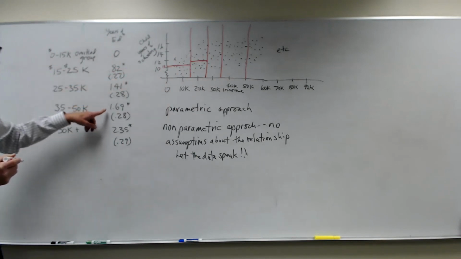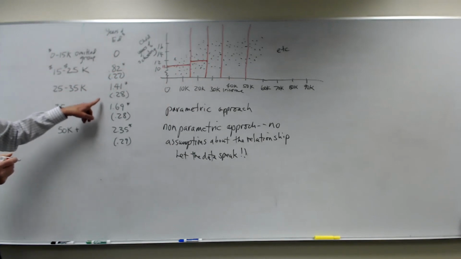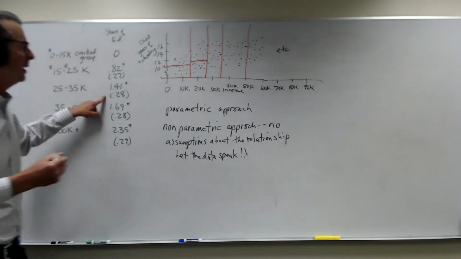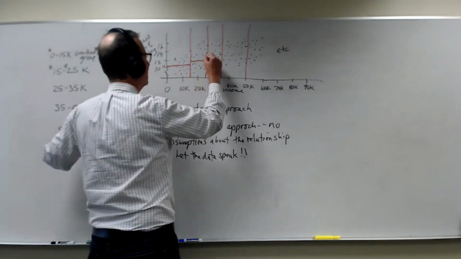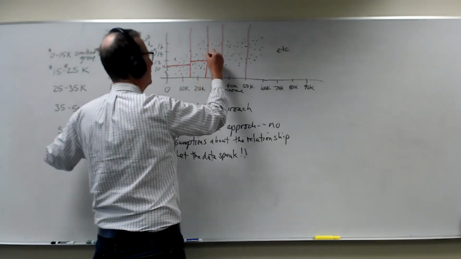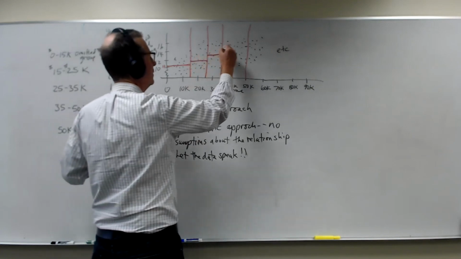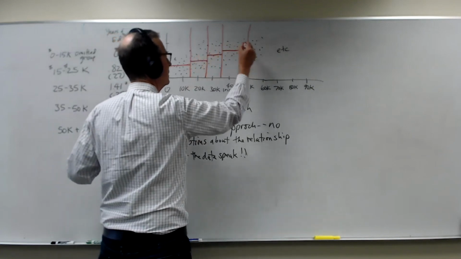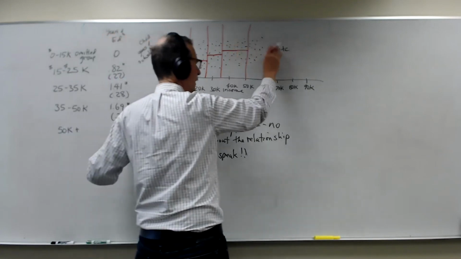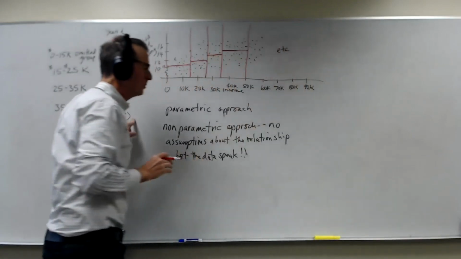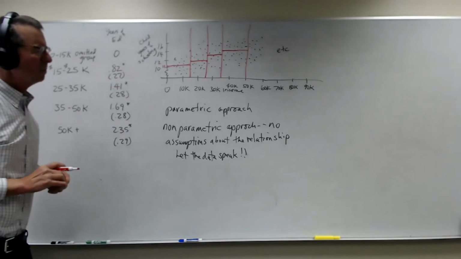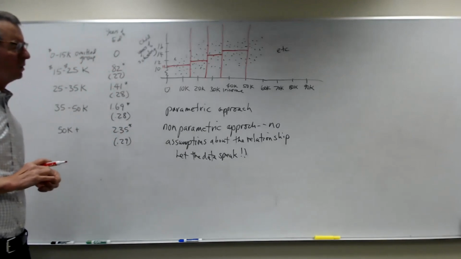If we go to the next group, 25 to 35, we're going to get a mean that's still higher, and then still higher. And then finally, I said et cetera here, the income distribution in these dollars, I'm trying to adjust for inflation.